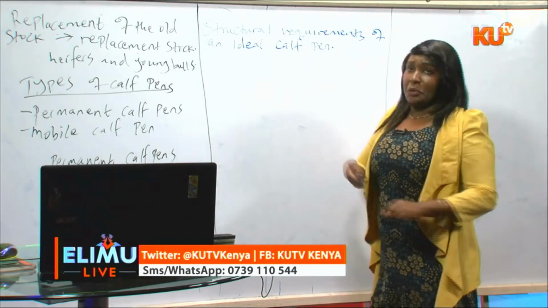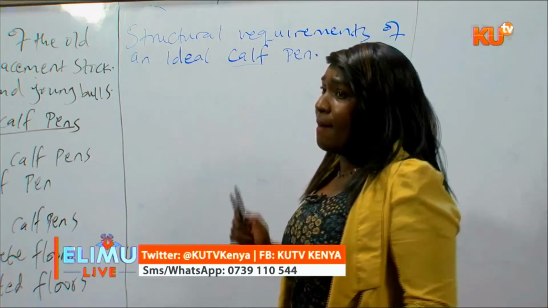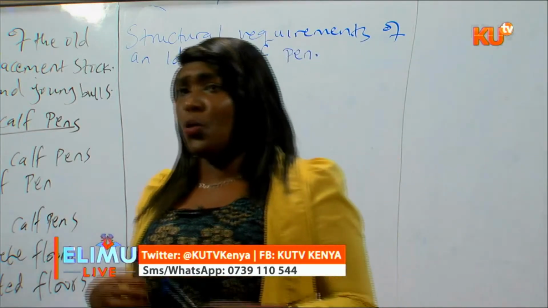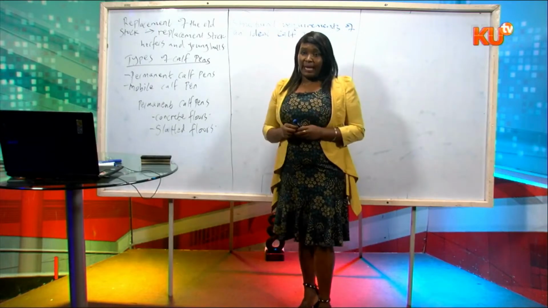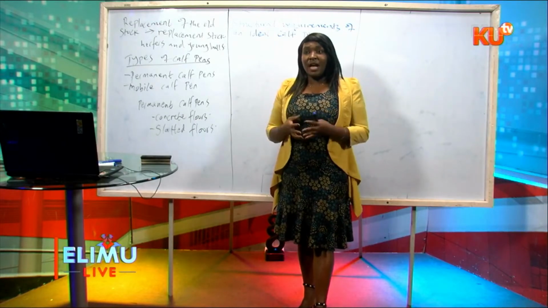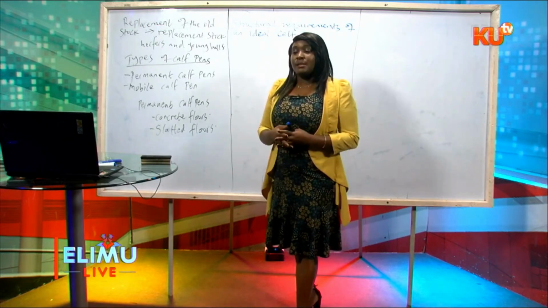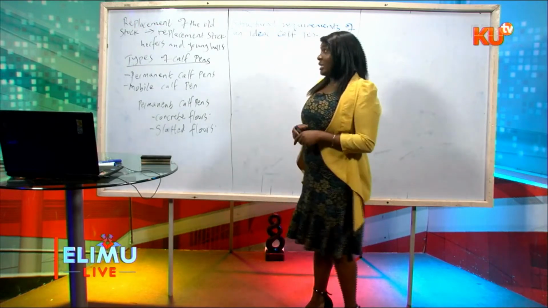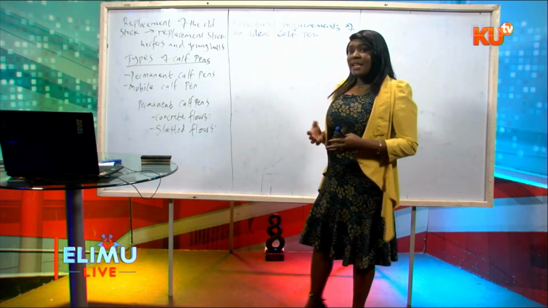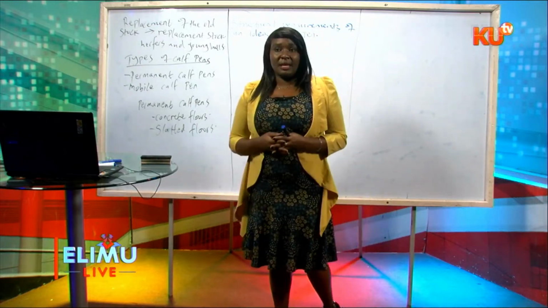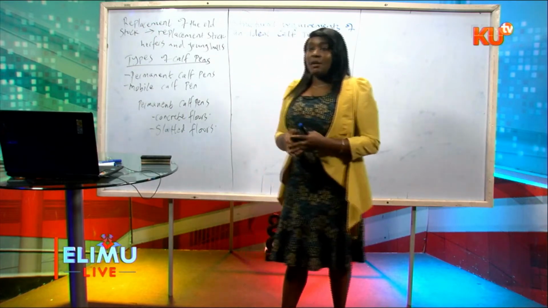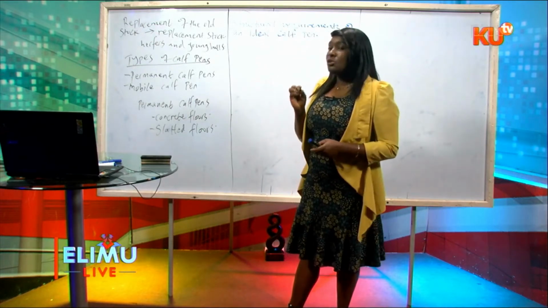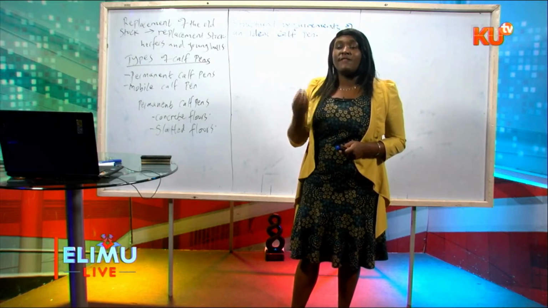Now, structural requirements. What do we require? What do we look for when we are trying to construct a calf pen? A calf pen that is going to serve our animals effectively and efficiently, that is going to boost growth and maturity of these animals, because we want these animals to reach service age very fast.